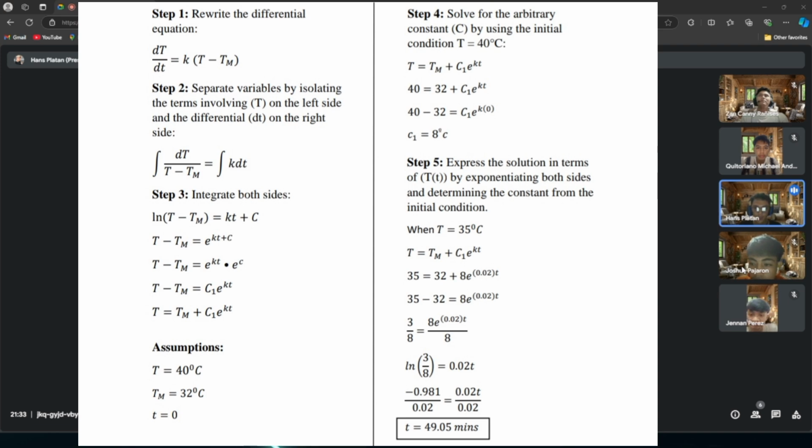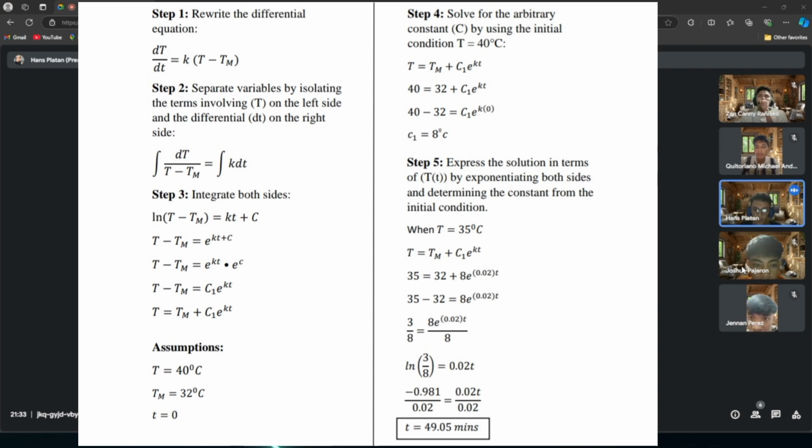So we substitute their values with their corresponding variables. So 40 equals 32 plus C1 e raised to k times t. So our t equals 0. Then 40 minus 32 equals C1 e raised to k times 0, and our arbitrary constant or C1 equals 8 degrees Celsius.